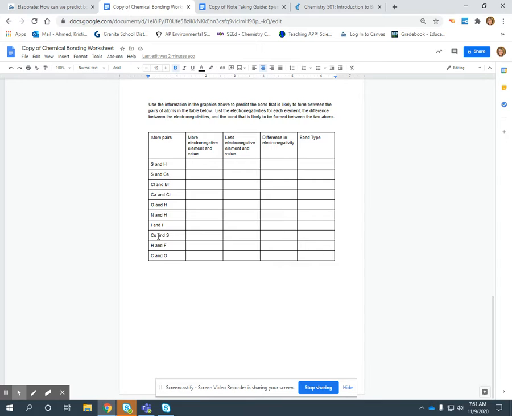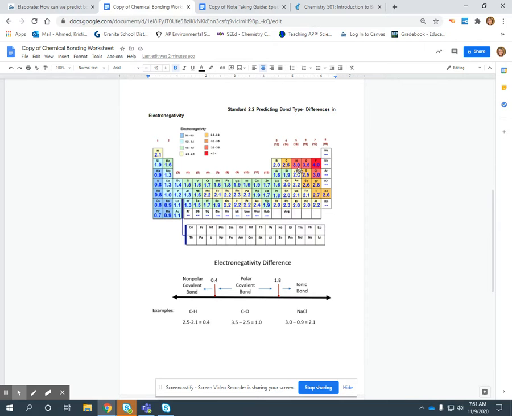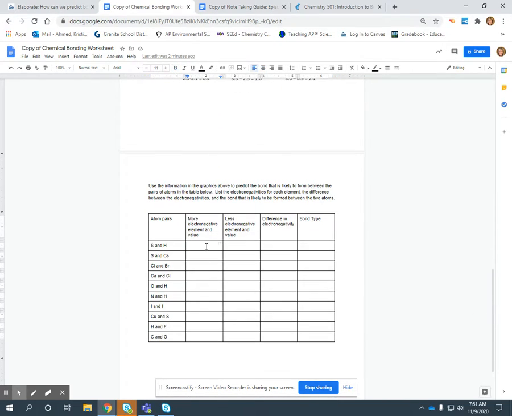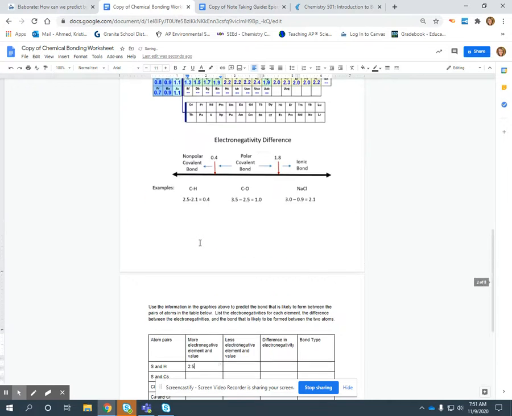So your task here is to look up the electronegativity values of sulfur and hydrogen, and put the more electronegative element in this column. For example, sulfur has an electronegativity of 2.5, so I'm going to put 2.5 in this column.